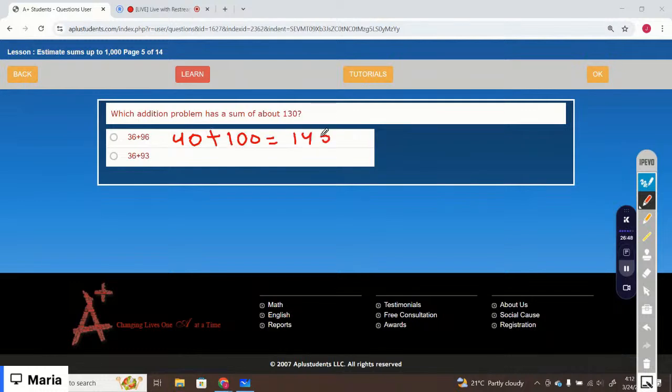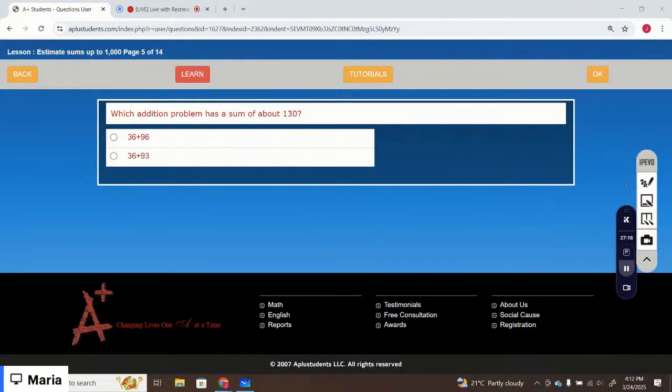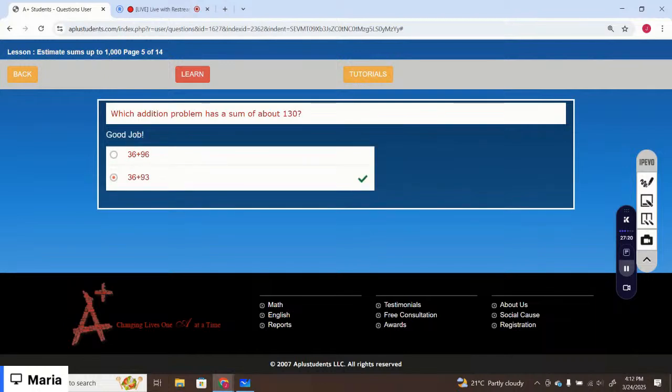So they sum up to 140, right? Now look at the second one. 36 is rounded to 40 and 93 is rounded to 90. So option number 2, 36 plus 93, is the correct option because this sums up to 130.